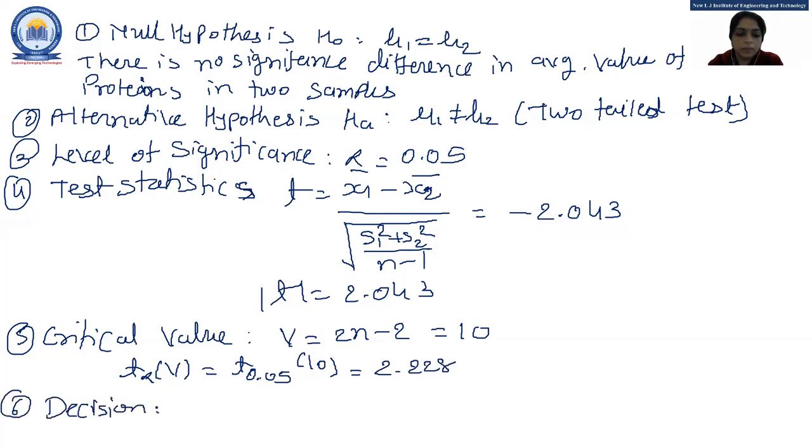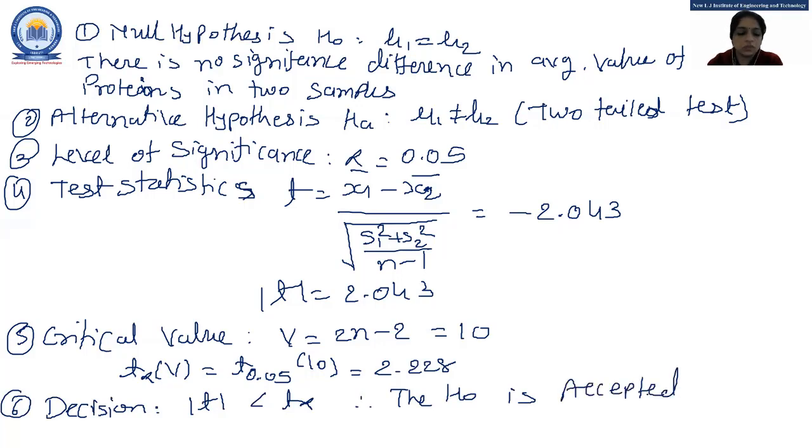And the last one, decision. Decision is here mod T is 2.04, T alpha is 2.22. So mod T is less than T alpha. Therefore, the null hypothesis H0 is accepted.